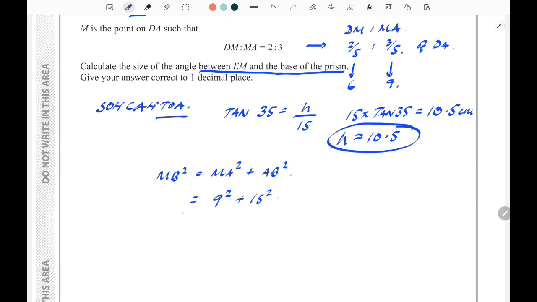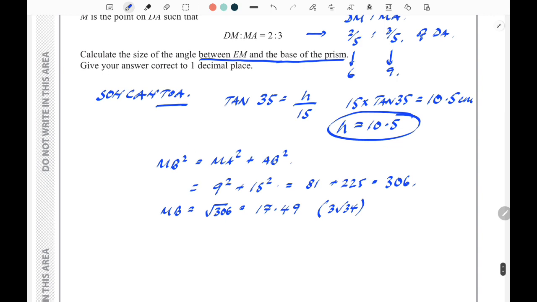Okay, so that is 81 plus 225. You don't need to write that. You can just put it in your calculator and get 306. All right, so MB equals square root of 306, which turns out to be 17.49 at this stage. If you want to leave it in any other form, it's 3 times root 34. All right. Okay, so we have that next bit of information there.